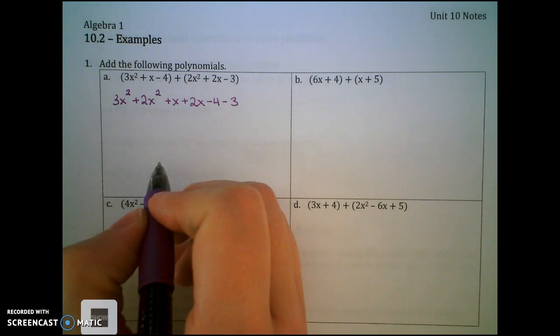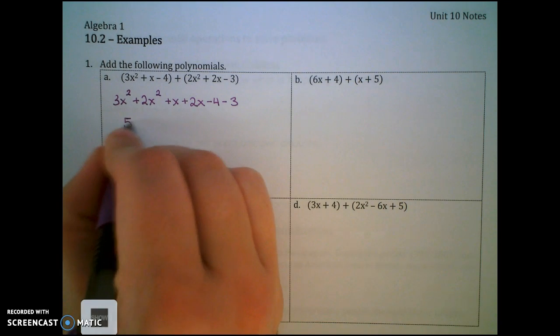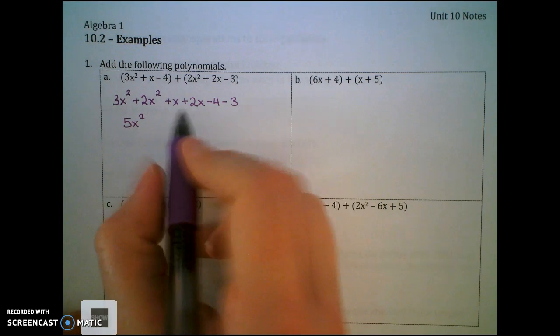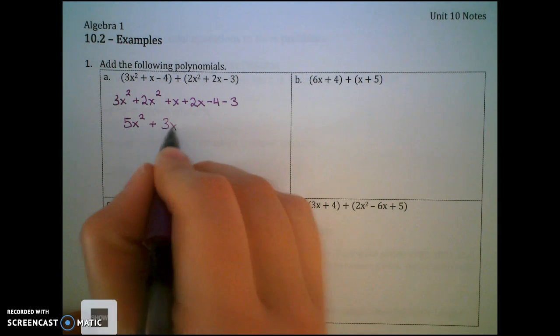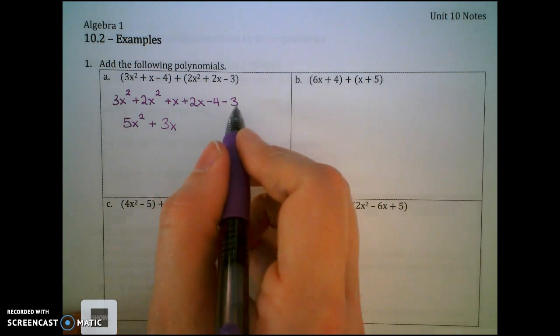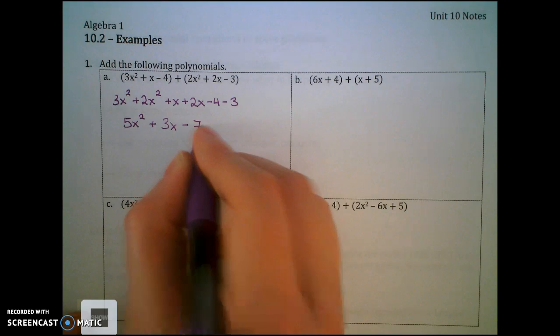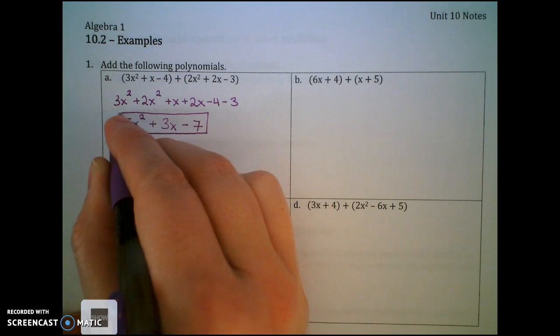Now I'll combine my like terms to simplify. 3 plus 2 is 5x squared. x plus 2x gives me positive 3x. And -4 minus 3 is -4 plus -3, so that gives me a -7. Just be careful and watch your negative signs here.